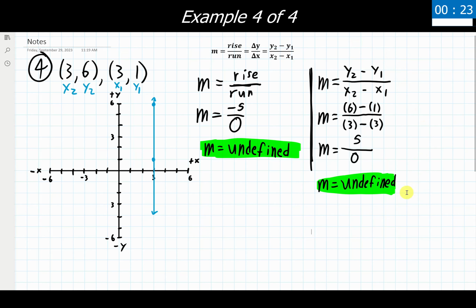And we're seeing that even going through it algebraically, we get an undefined slope. So any time that you see a vertical line or you have division by 0 for a slope, your slope is going to be labeled as undefined for your final answer.